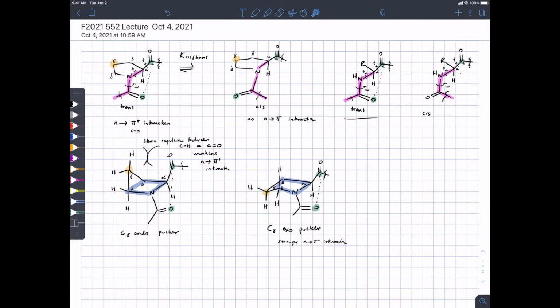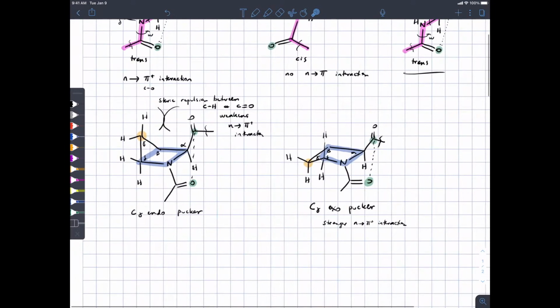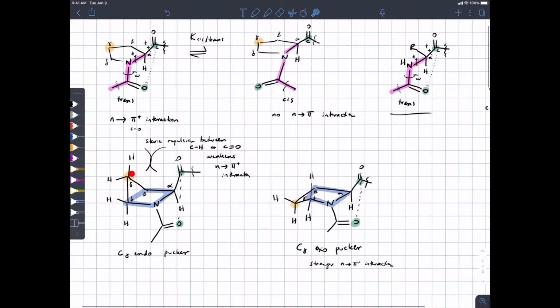So what we're saying is that Raines found that the equilibrium between cis and trans amides was influenced by where this gamma carbon was, because where the gamma carbon was influenced the strength of the n to pi star interaction, and that in turn influences the cis-trans equilibrium. Kind of convoluted.